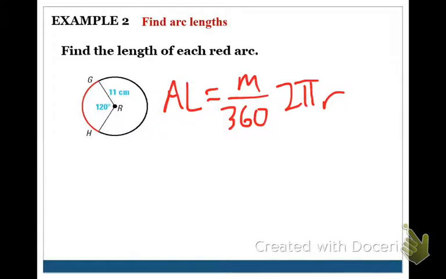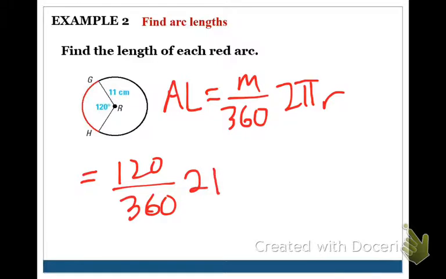All right, so we would have this equals to 120 over 360 times 2 pi. The radius is 11. All right, so what did that number give us?